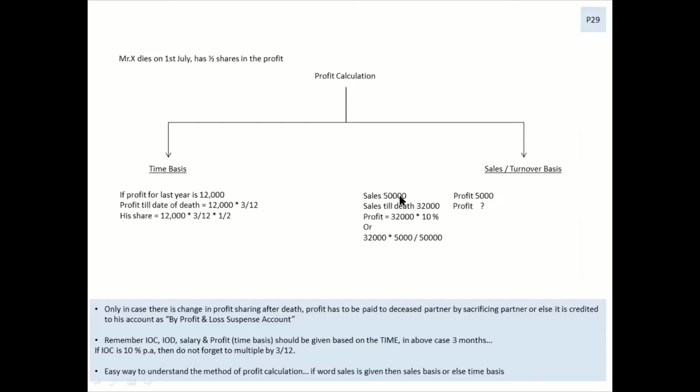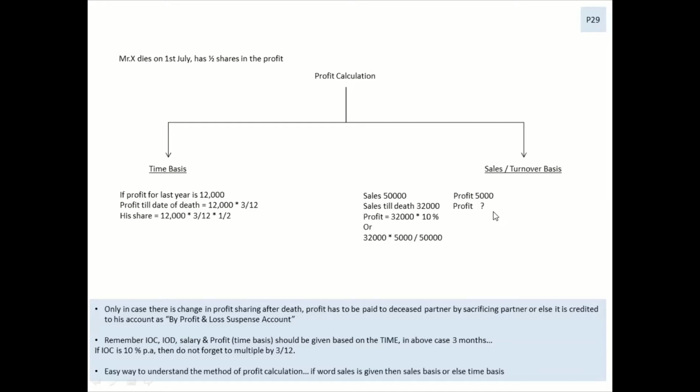If the sale is 50,000, I get a 10% profit, that's how I make 5,000. So if I am making a sale of 32,000, it's obvious that 10% of this figure, that is 3,200, would be my profit.